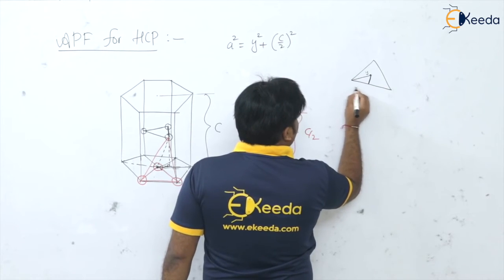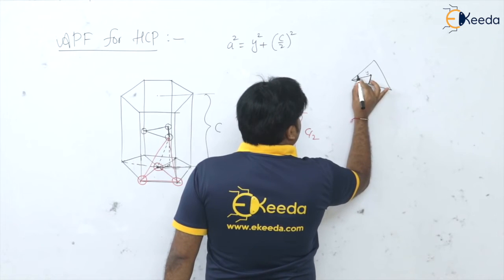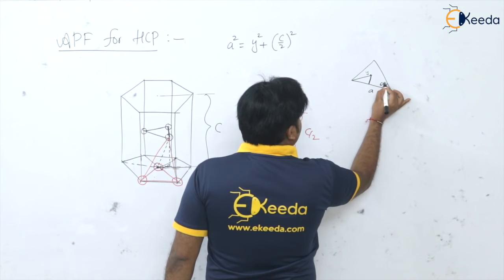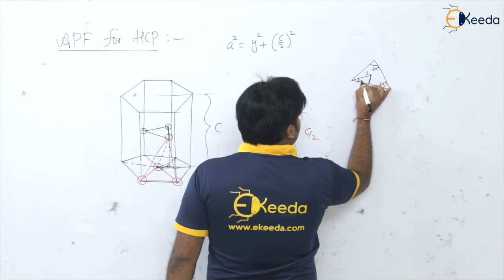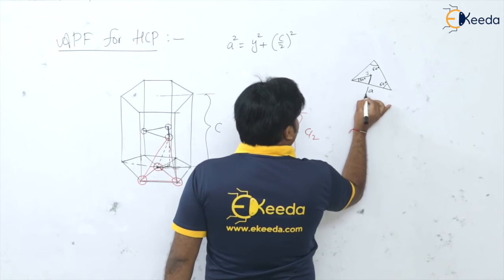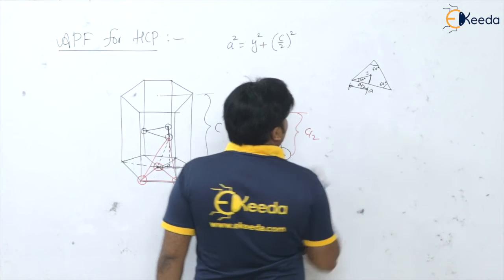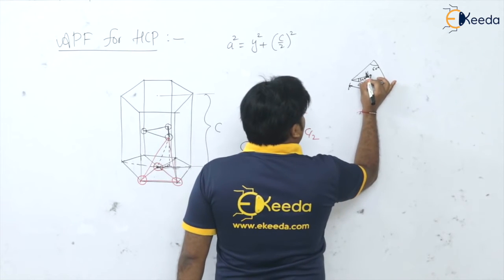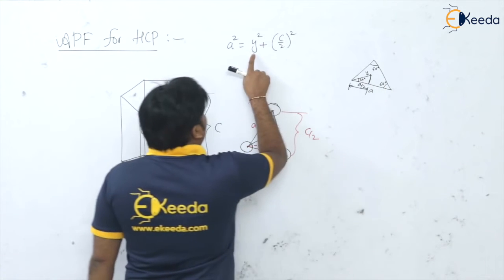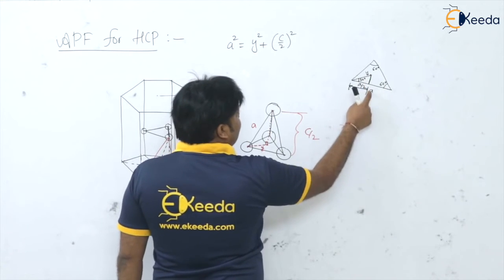So we know the sides of the equilateral triangle are all A, and the angle is how much? 60 degree. So this angle will be how much? It is 30 degree, and this distance is how much? A by 2, isn't it? Now we can have the relation between y and a.